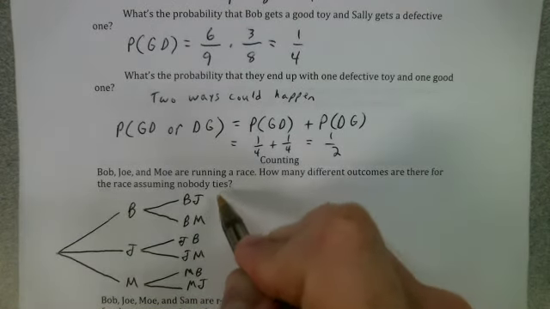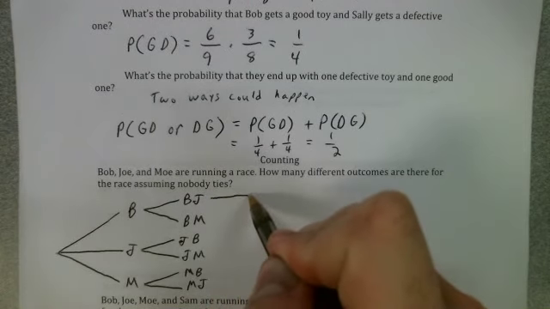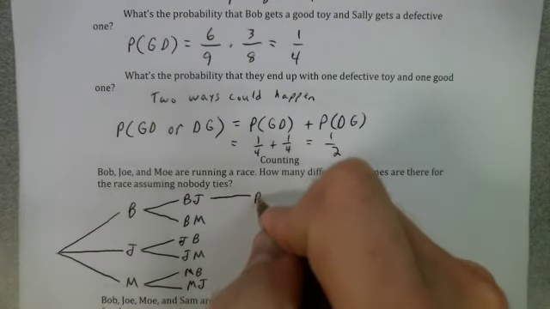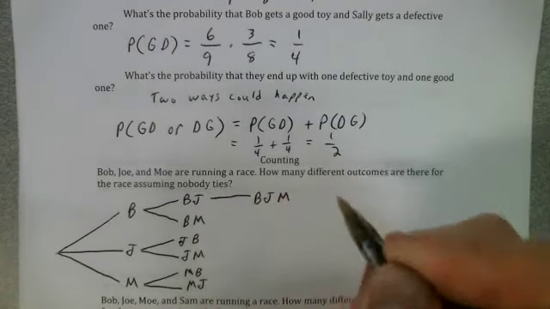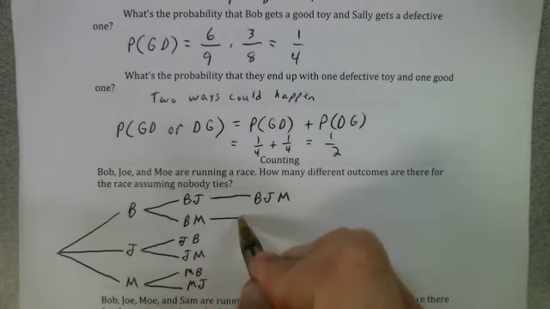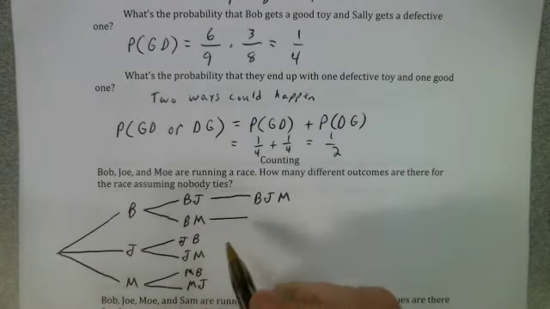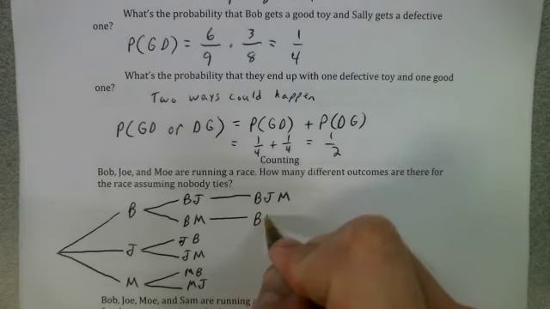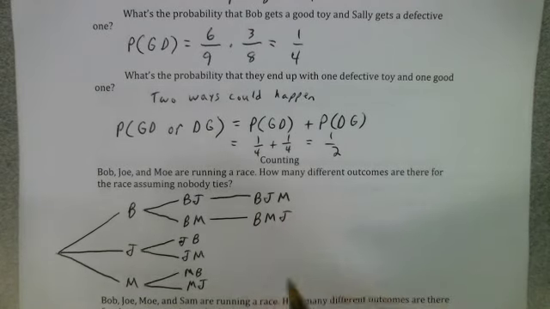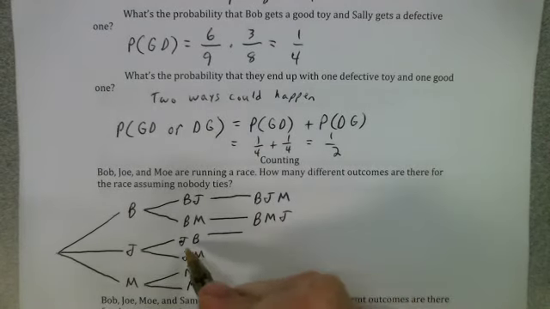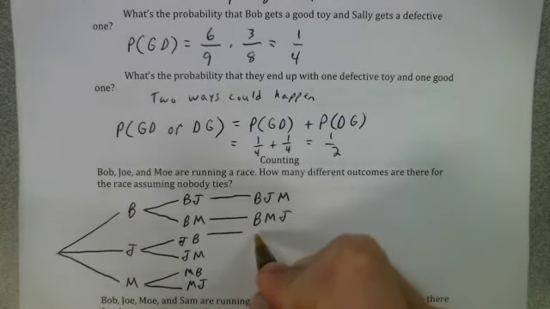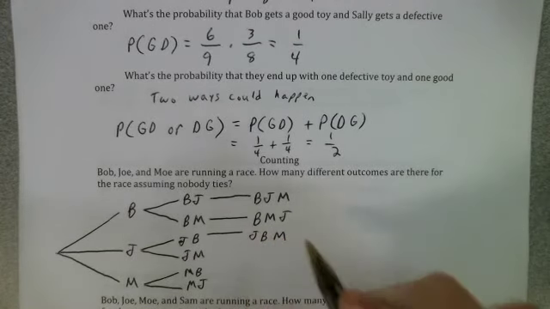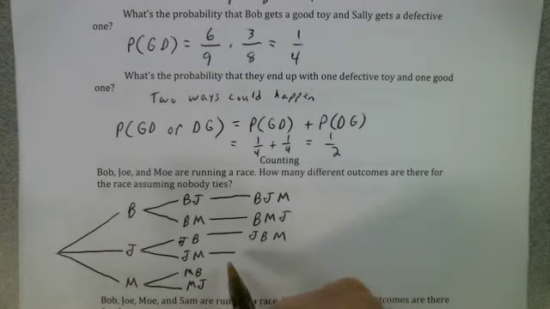Now, what about third? If Bob finishes first and Joe finishes second, then it must be that Mo finishes third. If Bob finishes first and Mo second, Joe finishes third. If Joe finishes first and Bob second, Mo finishes third.